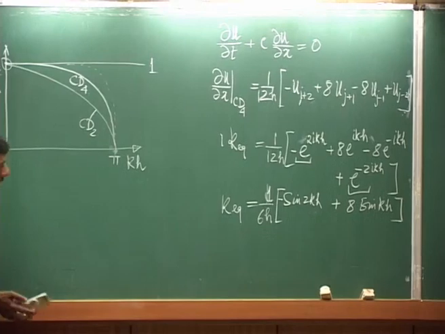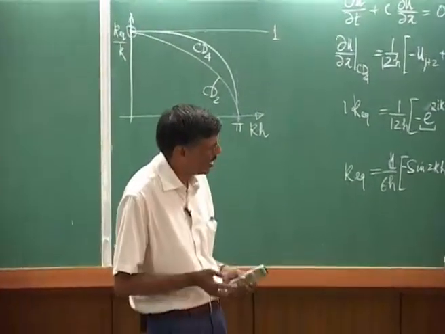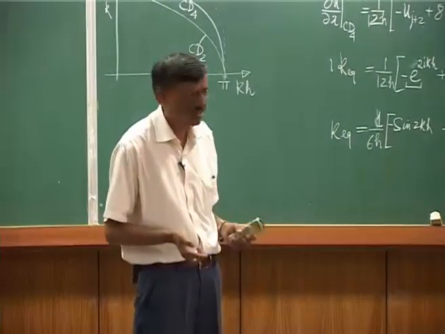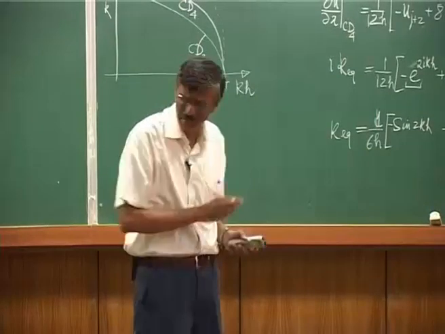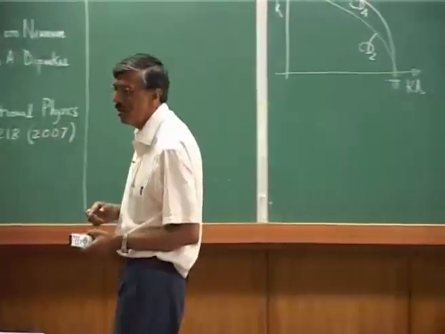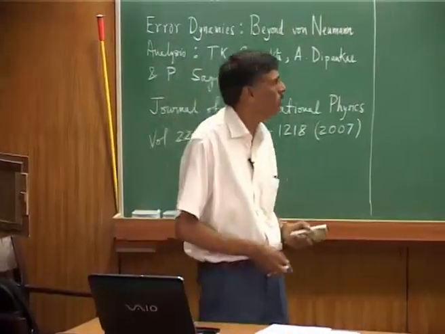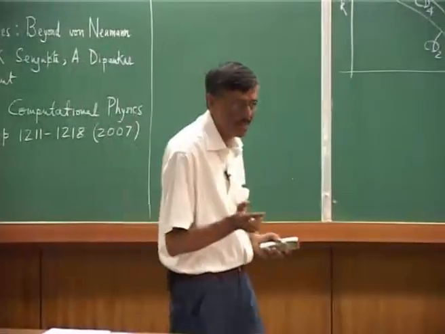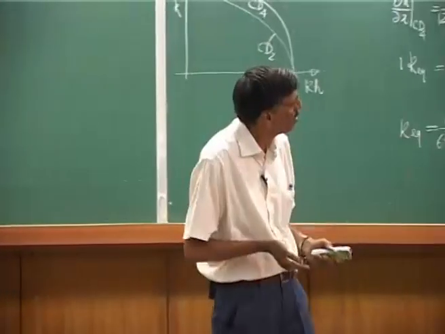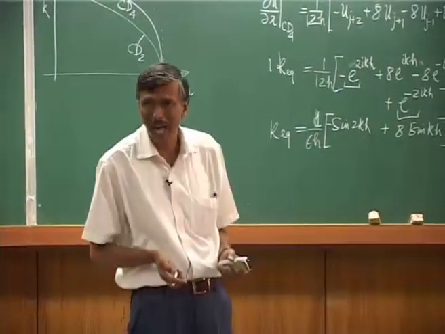So, what we are looking at here is what happens when we just discretize the spatial derivative term alone. Now, the story does not end there, because what you end up doing is solving a particular equation where both space and time dependence come into play.